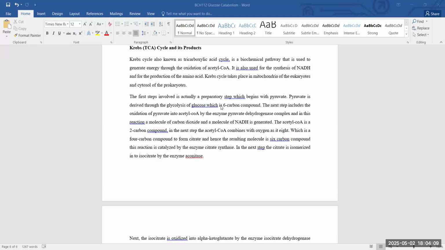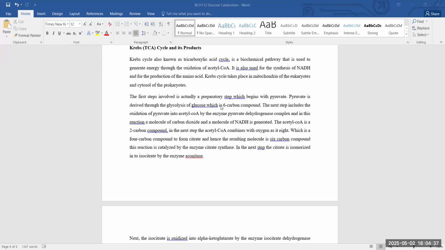For the TCA cycle to start, the pyruvate has to be produced. Production of pyruvate from glucose is called the preparatory step for the TCA cycle, which means the glycolytic pathway prepares the glucose to form pyruvate, or prepares the starting material for the TCA cycle.